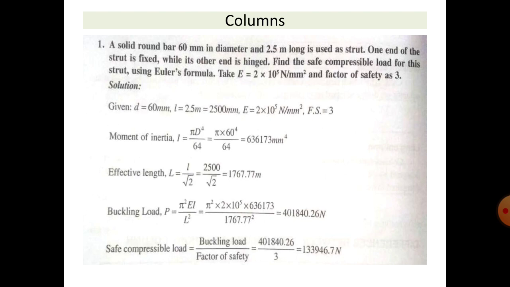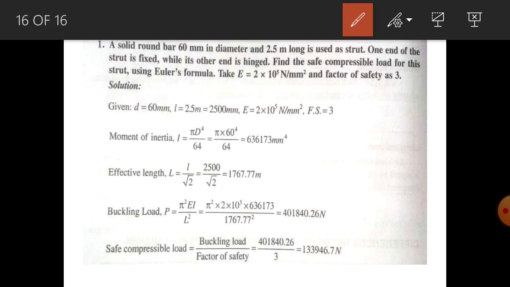The formula is I equals pi d power 4 by 64. The diameter is given, so substitute it. Pi into 60 power 4 upon 64 gives 636,173 mm power 4.